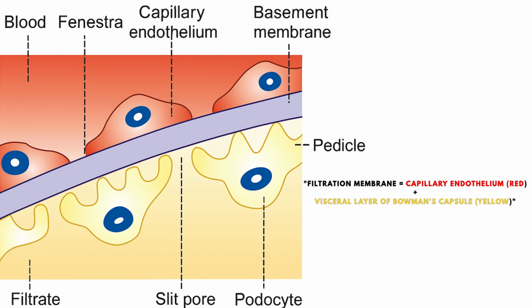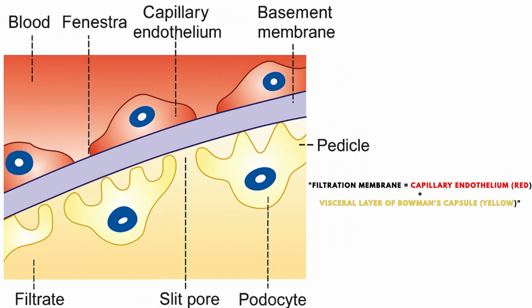And this forms a three-part filtration membrane made up of the fenestrated glomerular endothelium, the shared basement membrane, and the filtration slits formed by the podocytes. Together, this membrane permits very rapid movement of the filtrate from the capillary to the capsule through pores that are only 70 nanometers in diameter. Yes, that's microscopic yet highly selective and efficient.